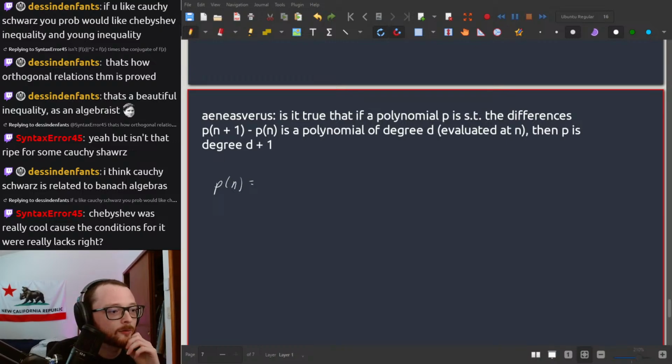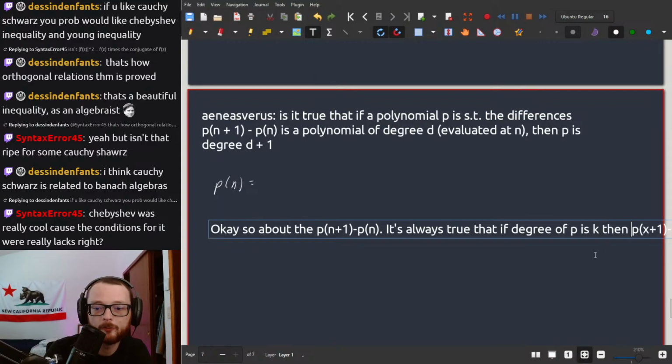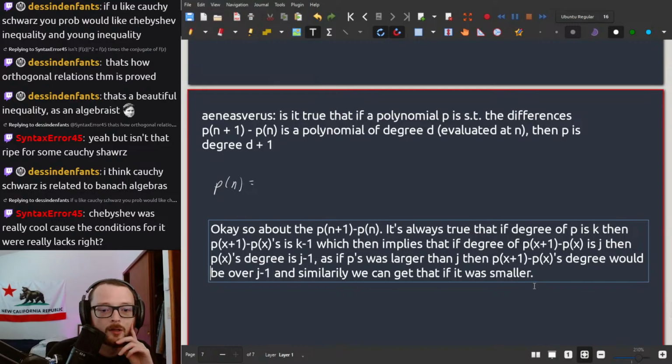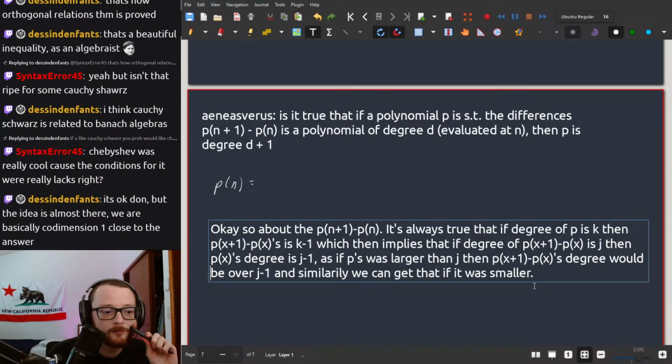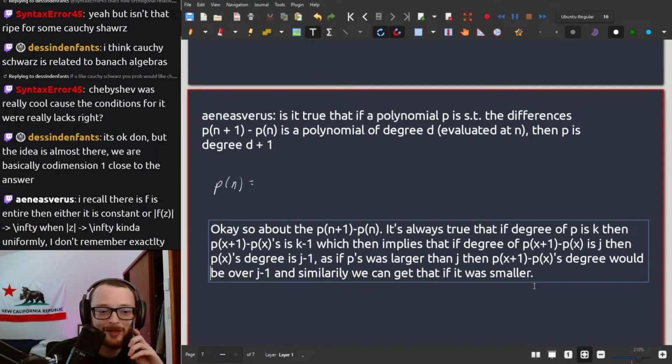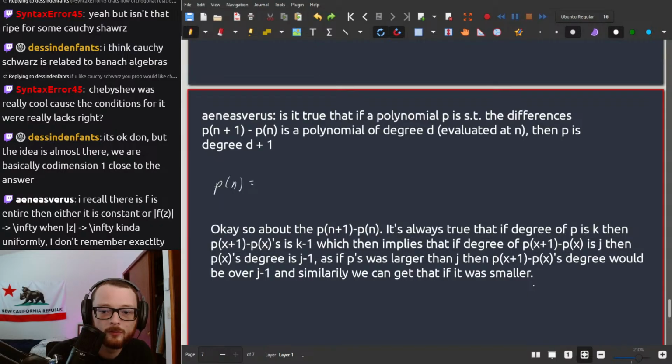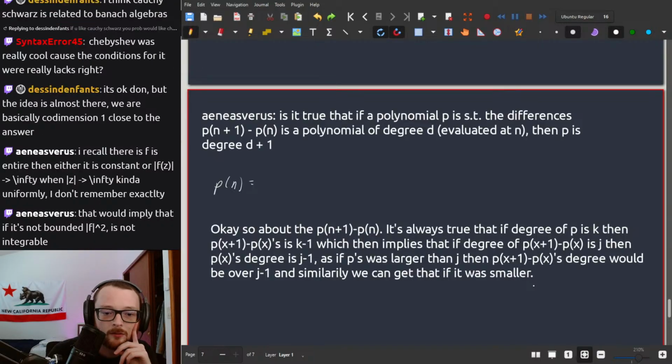Let me just slash user syntax. This is what syntax said earlier about this problem. It's always true if the degree of p is k. Codimension 1 close to the answer? Okay. The degree of p is k. p of x plus 1 minus p of x has degree k minus 1. Why is that? And isn't this sentence the exact problem that Anis was asking? If this is j, then p of x has degree j minus 1. F is entire. It is constant, or f of z goes to infinity.